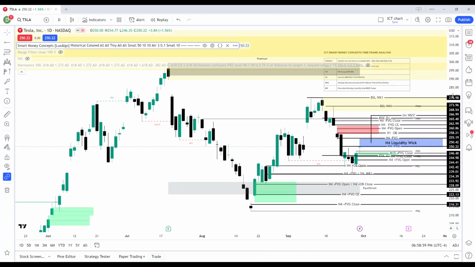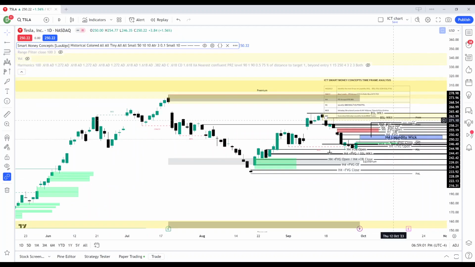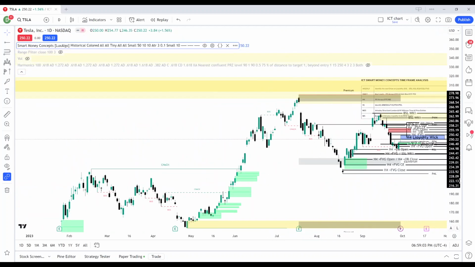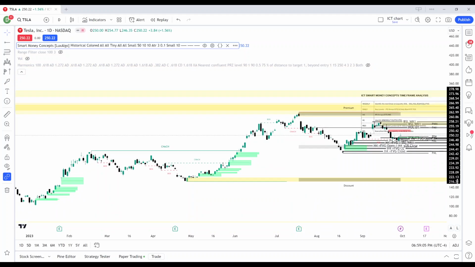They're actually looking at the bigger run from the beginning of the year. Actually, they're looking from the start of April as being discount, premium. So we're going from discount to premium. Now we're back to equilibrium. Are we going to come back to test discount?